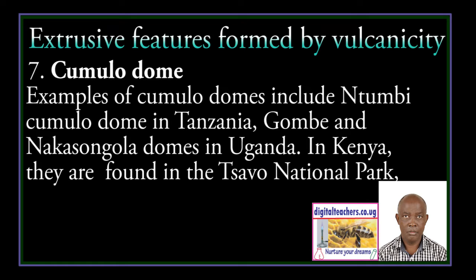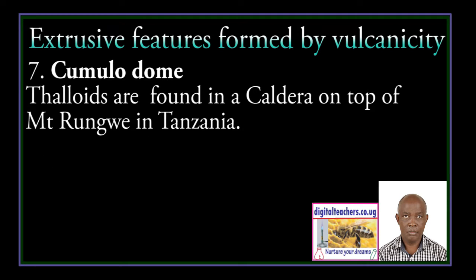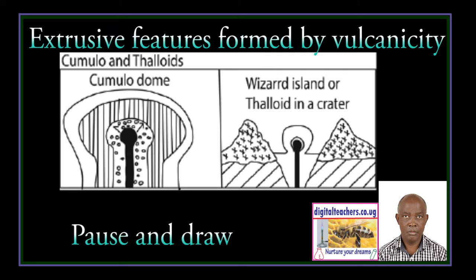Examples of cumulo domes include Ntumbi Cumulo Dome in Tanzania, Gombe and Nakasongola domes in Uganda. In Kenya, they are found in Tsavo National Park. Tholoids are found in a caldera on top of Mountain Rungwe in Tanzania.